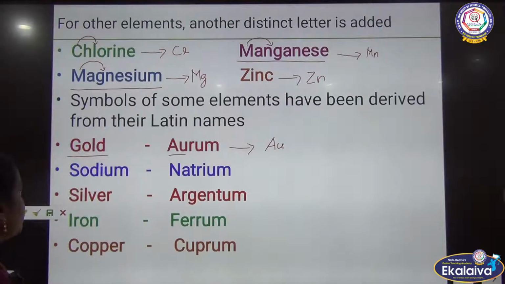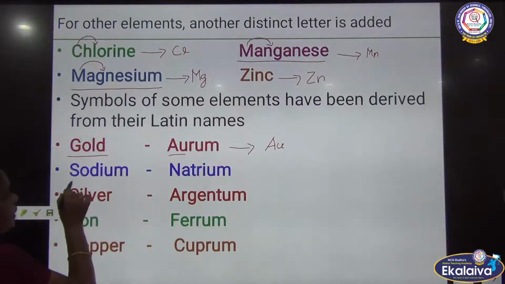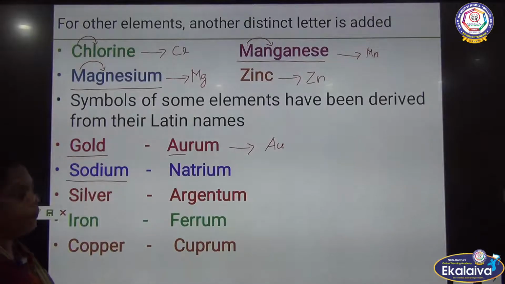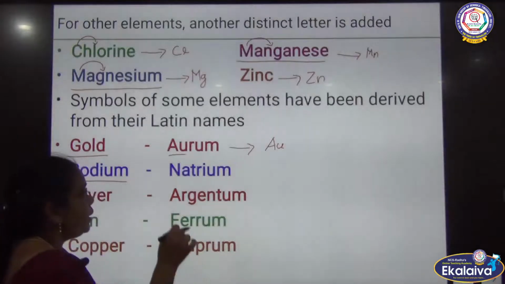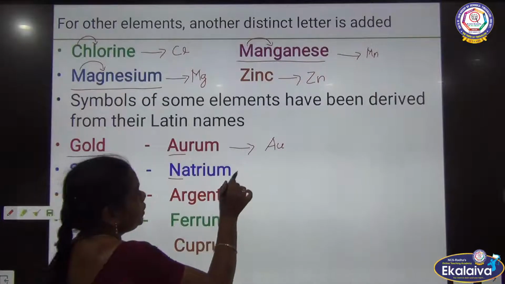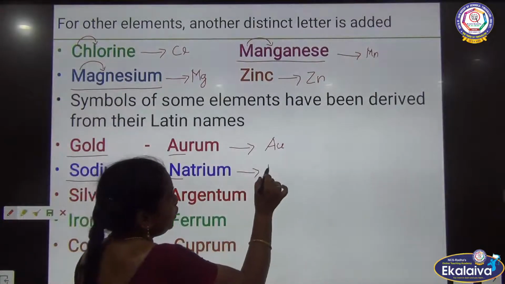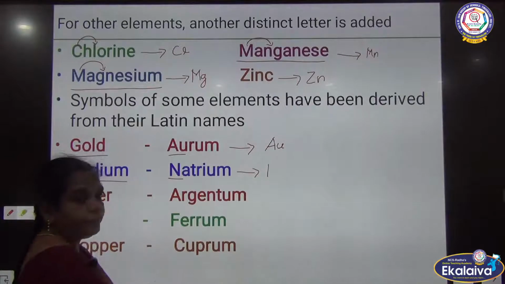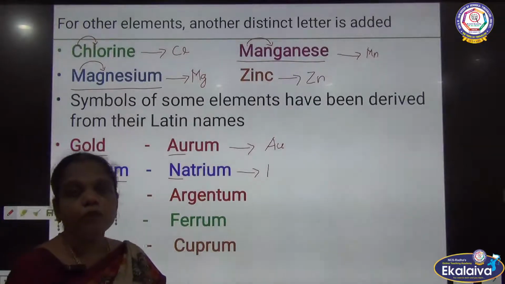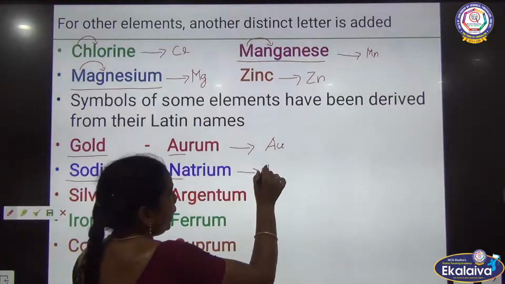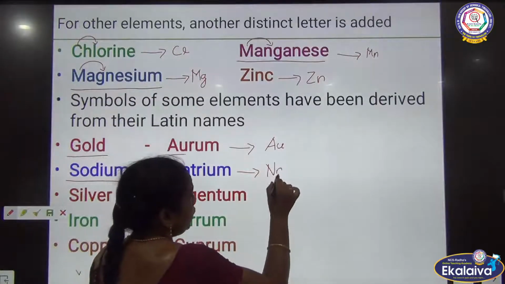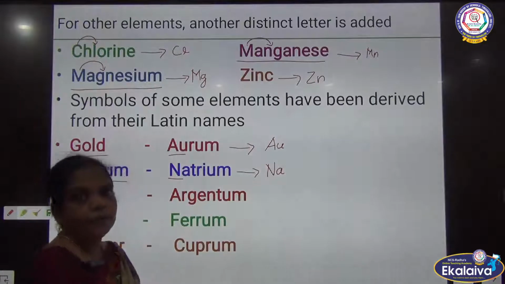And next, sodium. What is this called? Sodium. Can you give the symbol for sodium? Na, very good. What is the Latin name of sodium? Natrium. So the symbol given for sodium is Na.